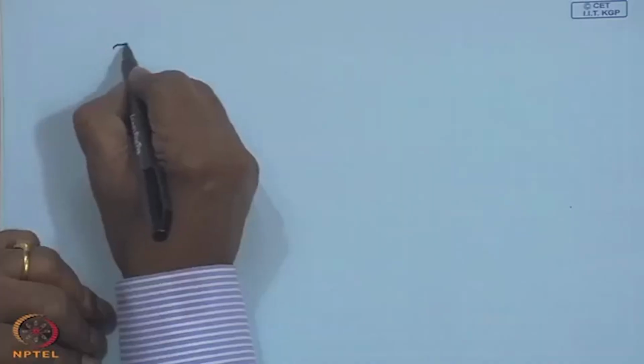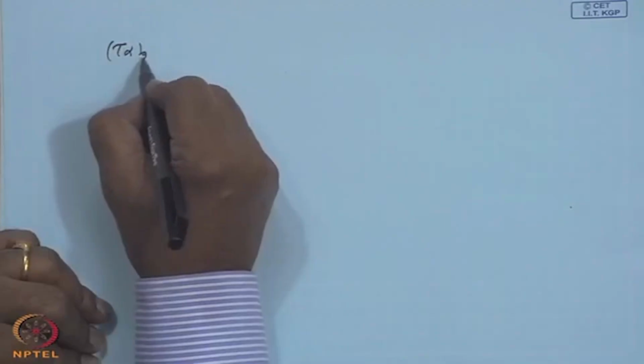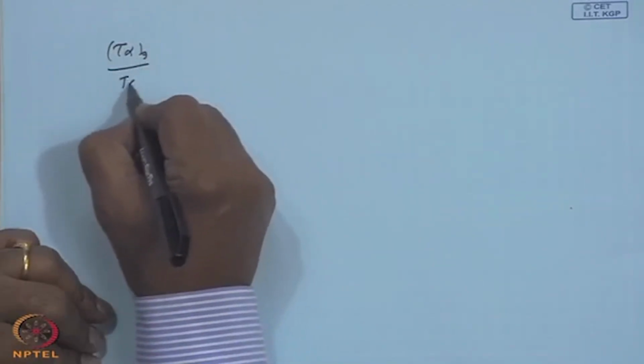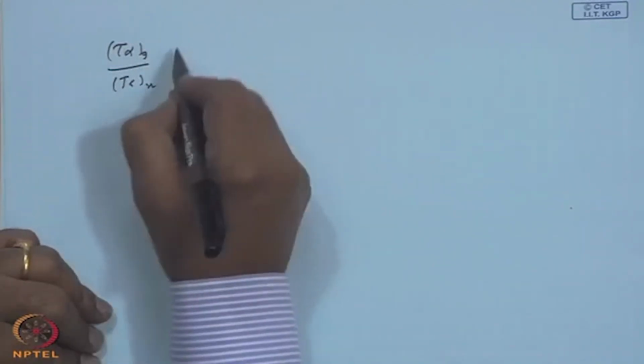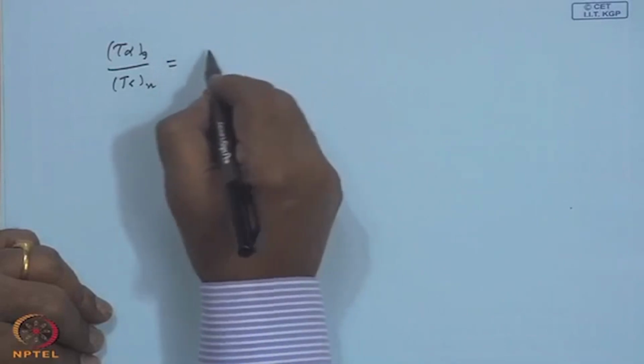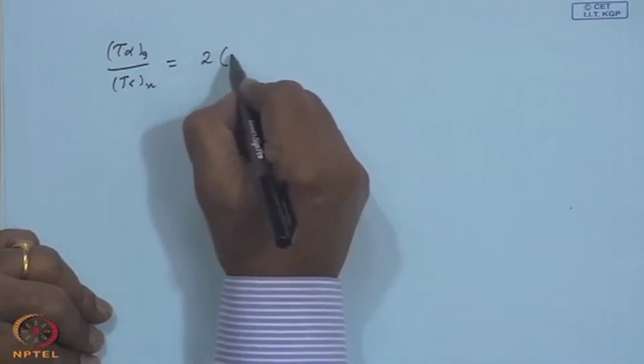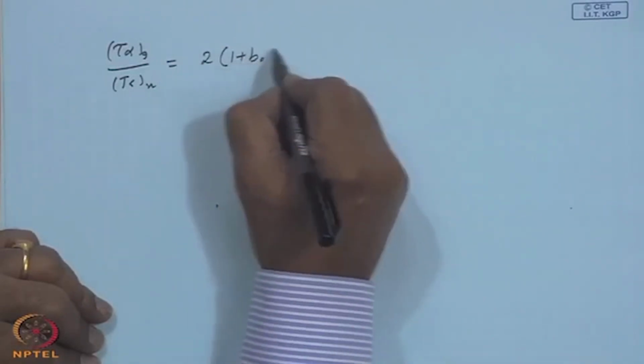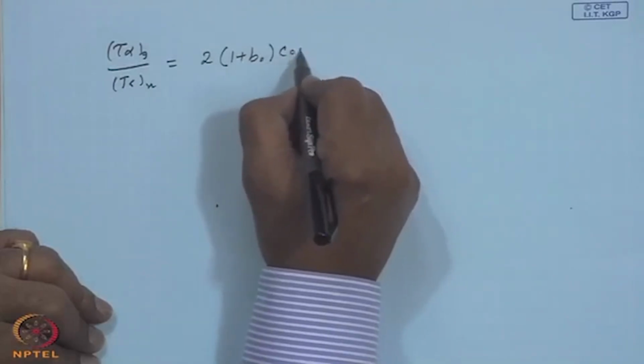So, for the ground reflected portion, tau alpha g by tau alpha n, I will use the relation proposed at IIT Kharagpur, 2 times 1 plus b 0 into cos theta.